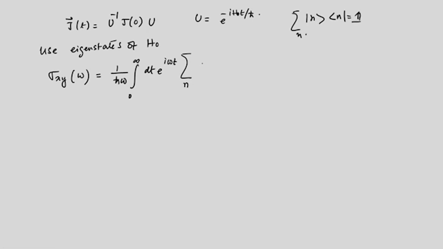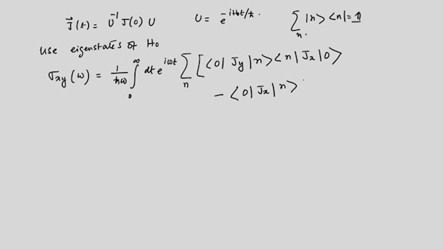So this is there, and then you have a term which is 0 jy n jx 0, and a minus 0 jx n jy 0.